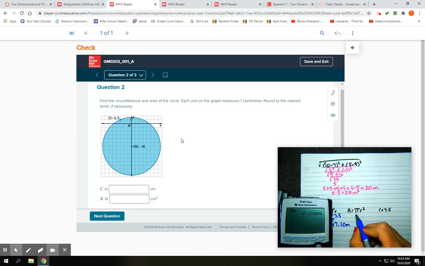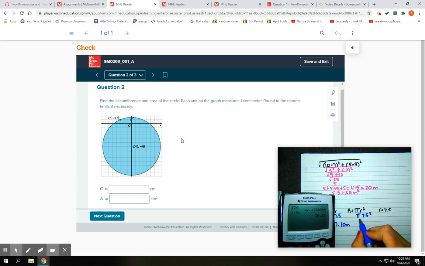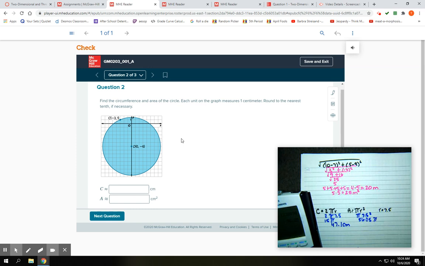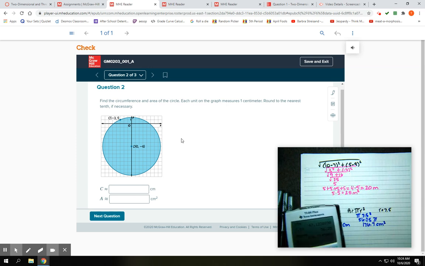Over here for the area, it's going to be pi times 7.5 squared, which I don't know off the top of my head. So 56.25 times pi, which is 176.714, so 176.7 centimeters squared, because area is always squared.